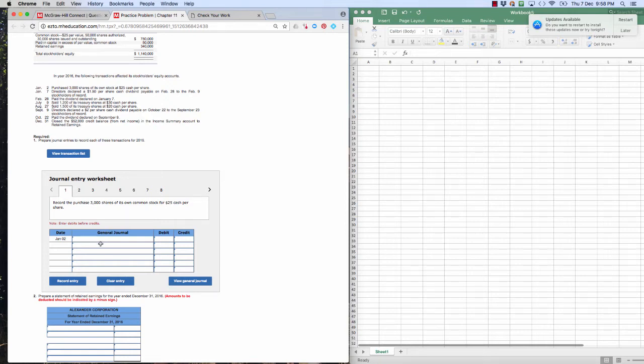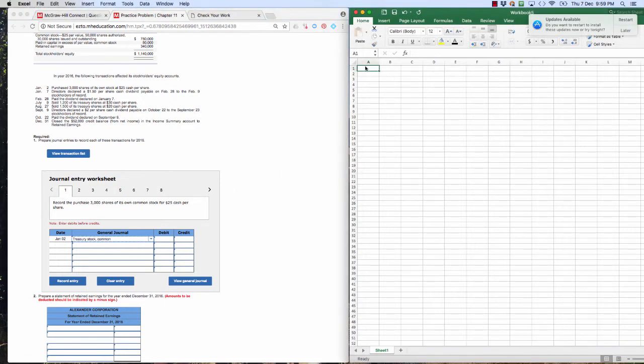What we do here is debit this account called treasury stock, common. If we're purchasing 3,000 shares for $25 per share, we can do the math as 3,000 times 25, and that's equal to $75,000.